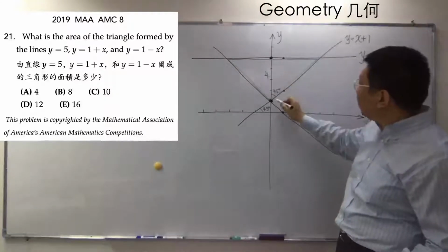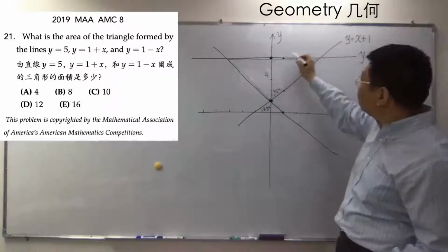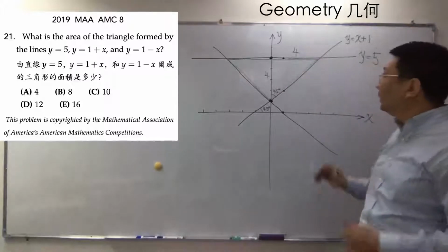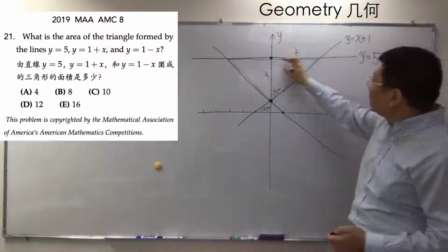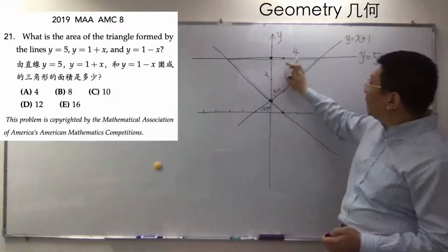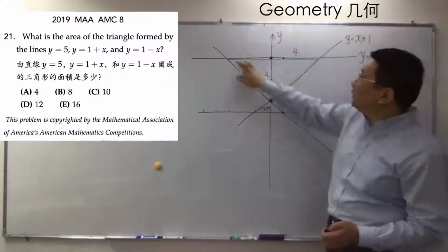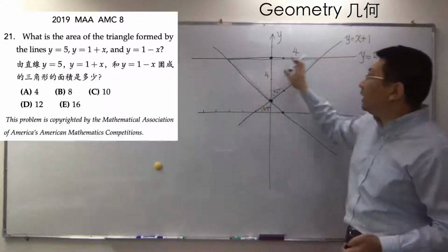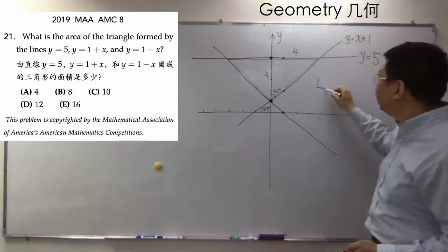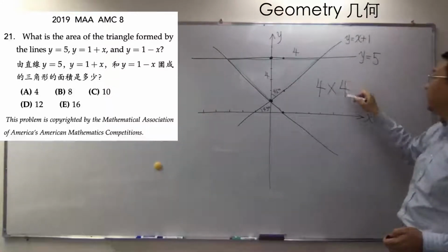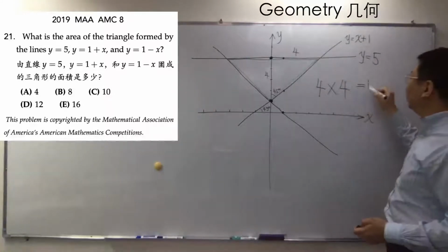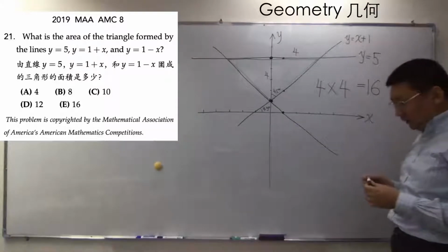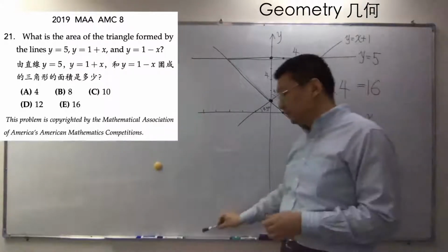Given this is 45 degrees, it must be an isosceles triangle, so this side must also be 4. Then what will be the area? Each small triangle is 4 times 4 divided by 2. So for the combined big triangle, it would be just 4 times 4, double the smaller one, which is 16. So that is question 21.